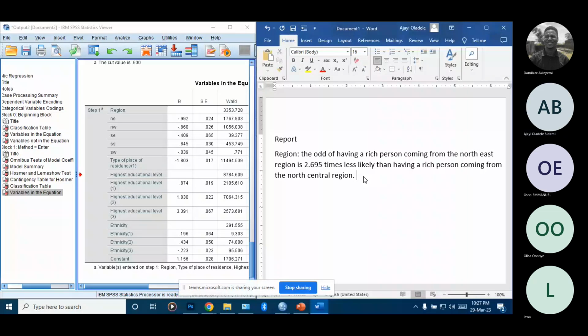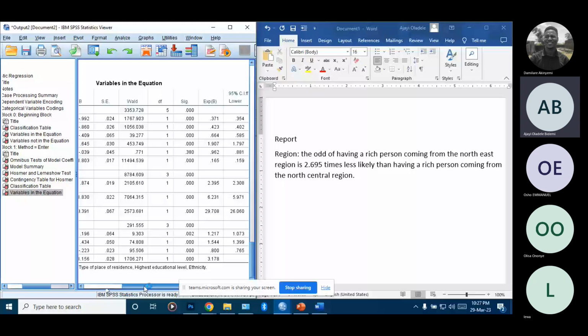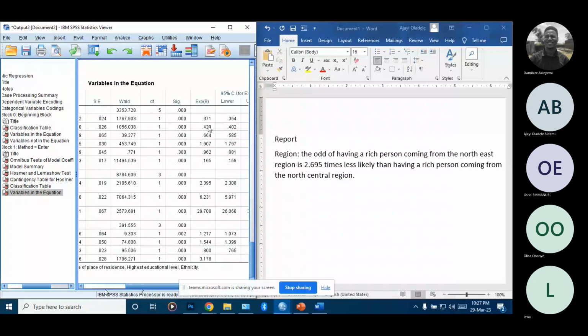Now, for northwest, what is the odds ratio? The odds ratio is this. The odds of having a rich person coming from the northwest region is this odds ratio.